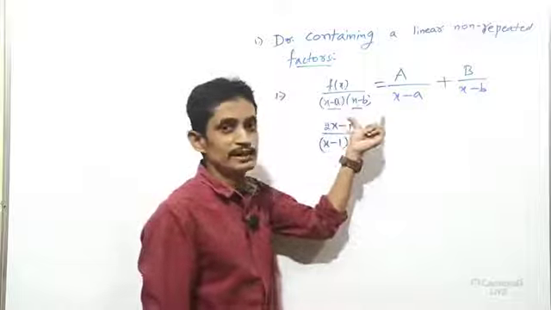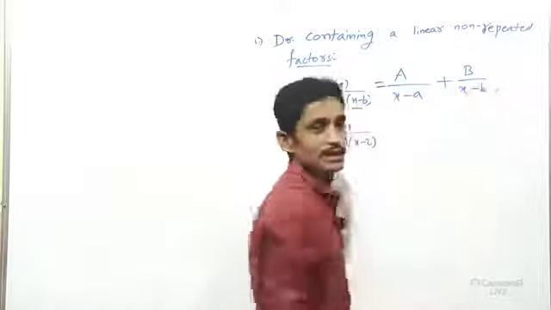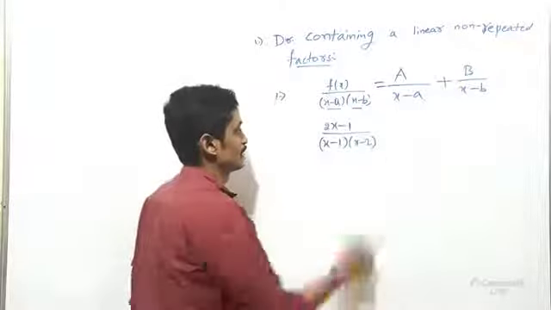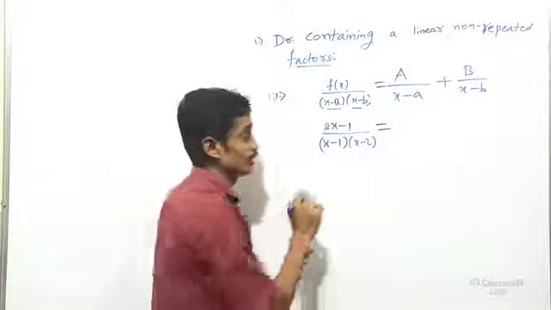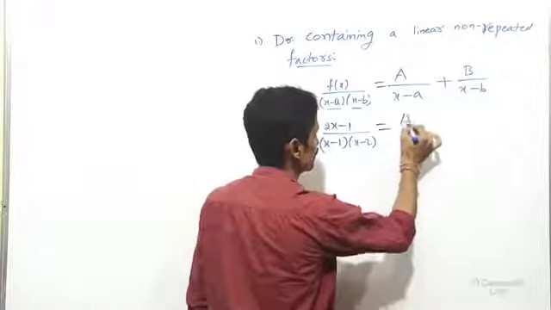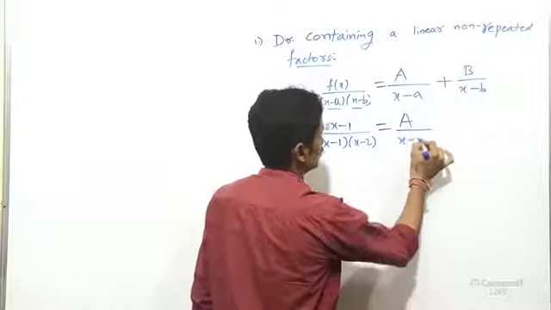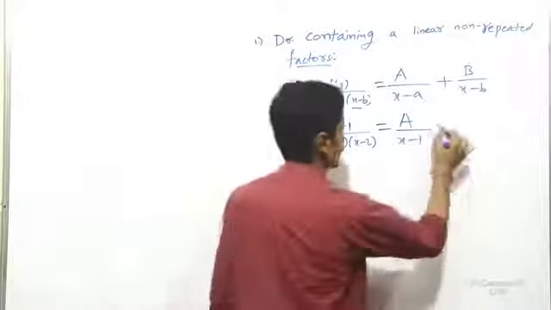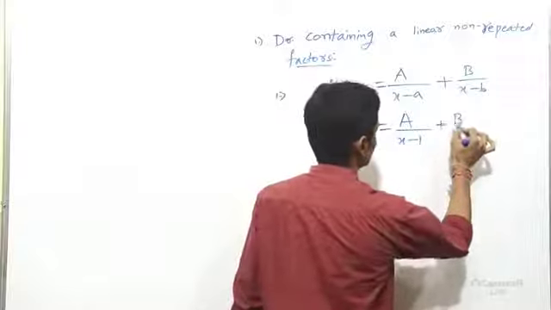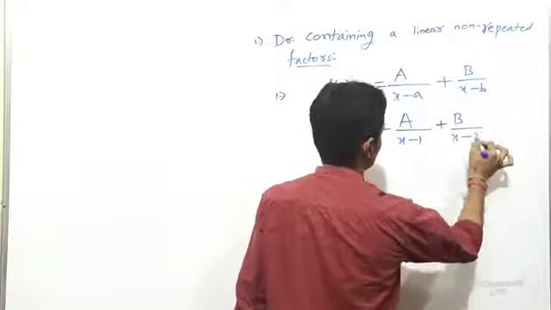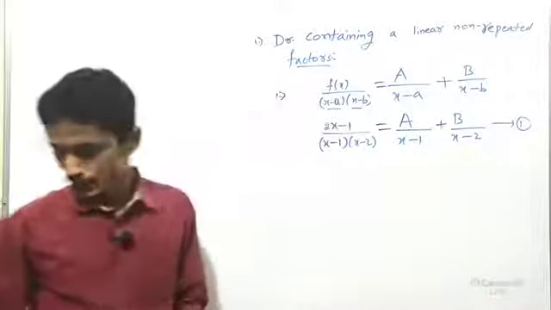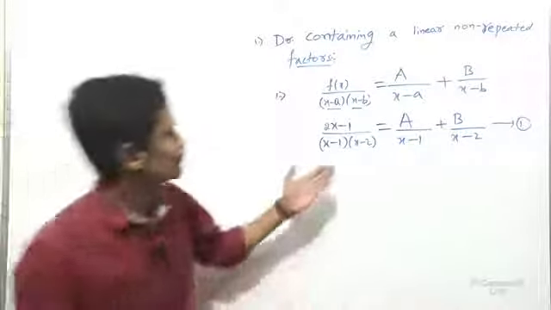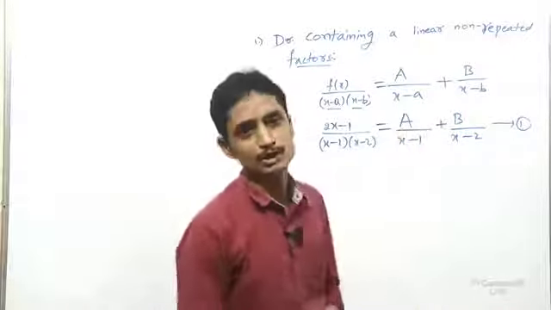When you get two factors, just split it like this. Here too, I have two factors. So I write A divided by x minus 1 plus B divided by x minus 2. Call this equation number 1. This is the common step for all the methods.